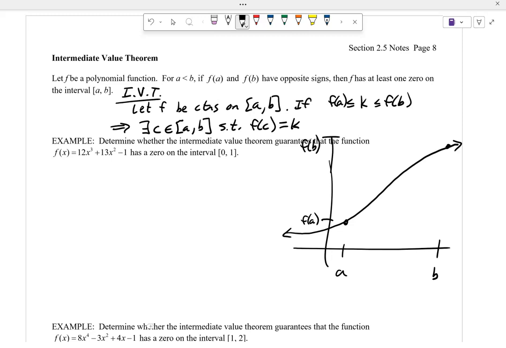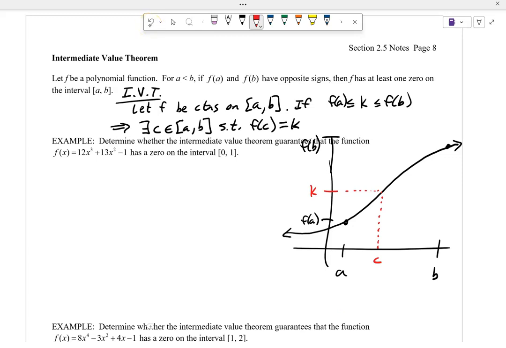Now this intermediate value theorem is saying if I've got some k in between there, some y value in between f of a and f of b, then there's some corresponding c that's in between a and b, such that f of c equals k. Such that when I throw c in, it'll spit out k. That's all it's saying.